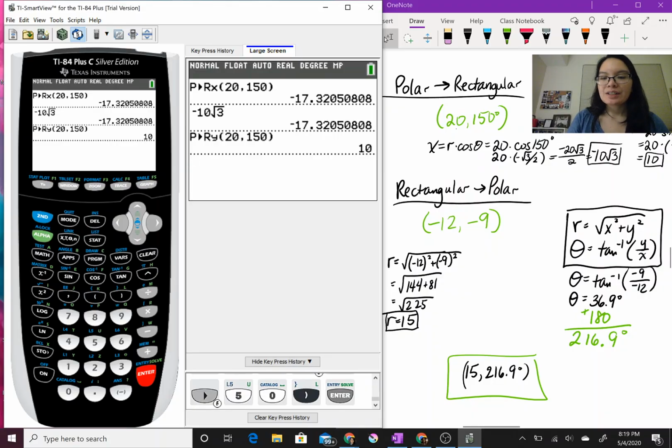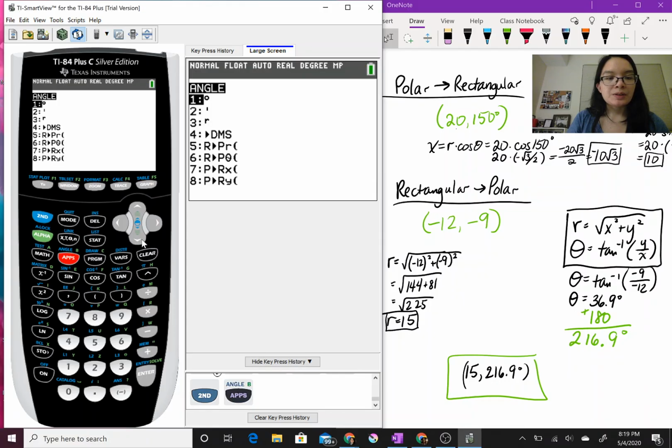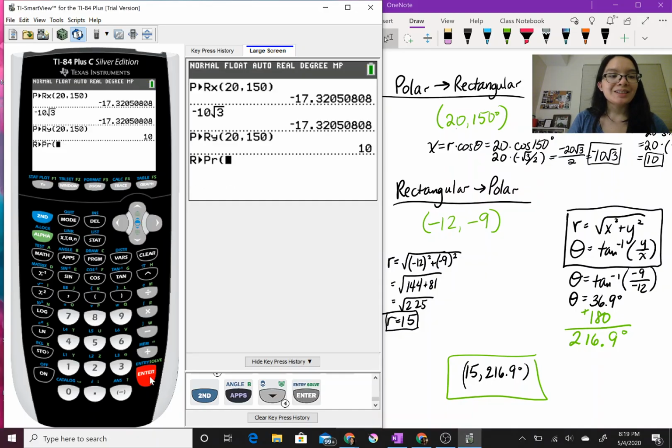All right. For the other example that I did with going from rectangular to polar, I'm going to go back here again, and I'm going to use these features here. So rectangular to polar, finding R, the radius.